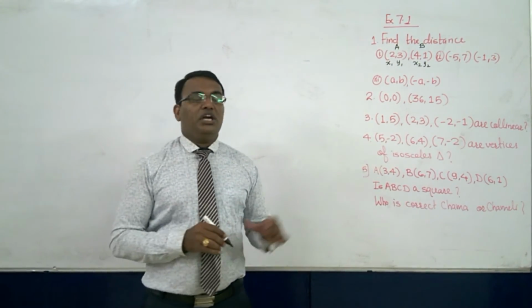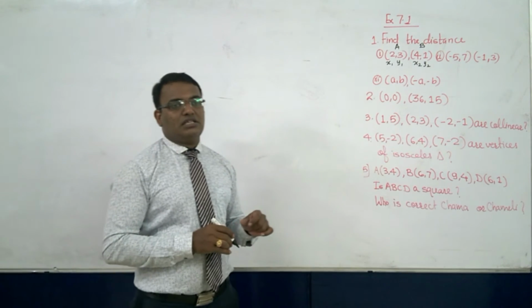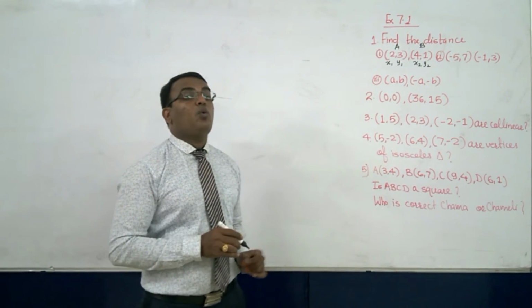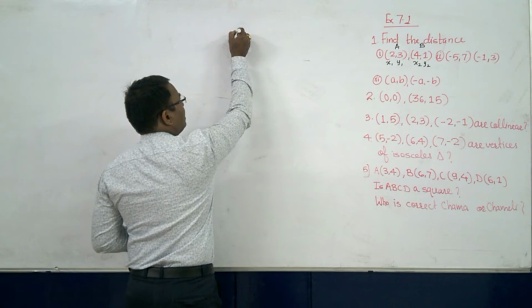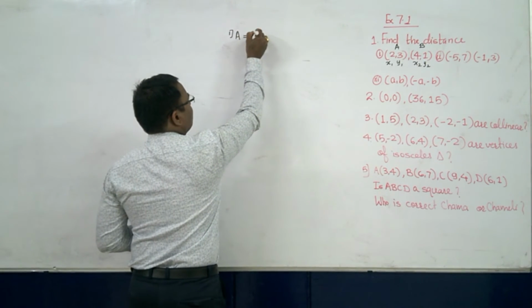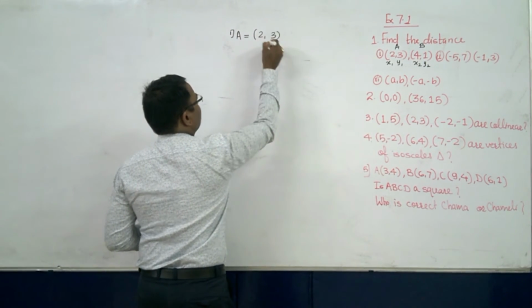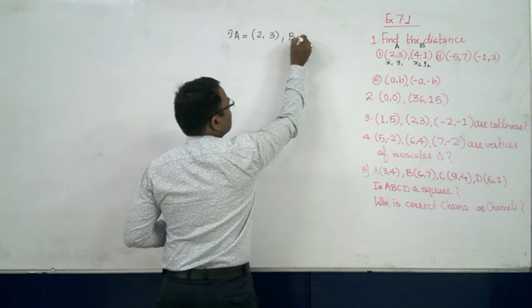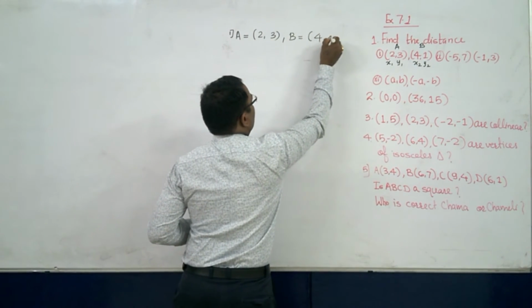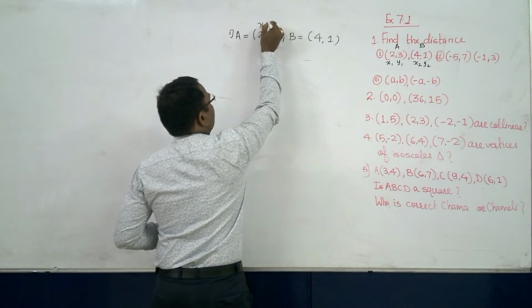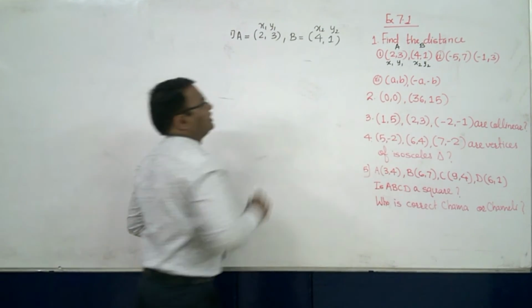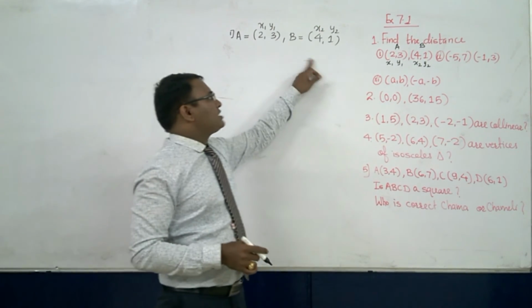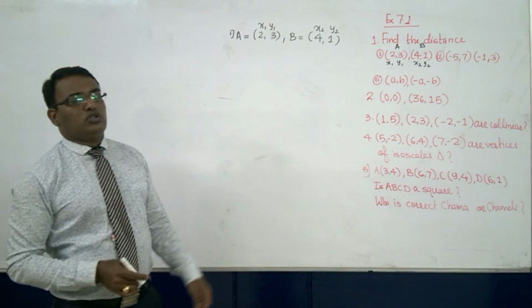Now you are finding the distance between them. How can we do this? Here you should write: A is equal to 2 comma 3 and B is equal to 4 comma 1. This is x1, y1, x2, y2. Is that okay?